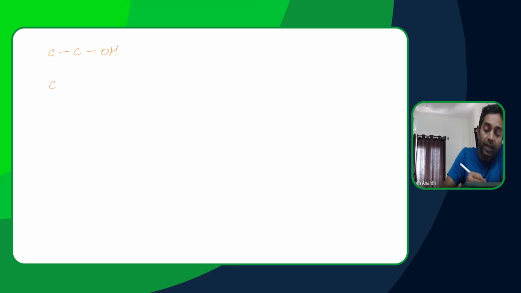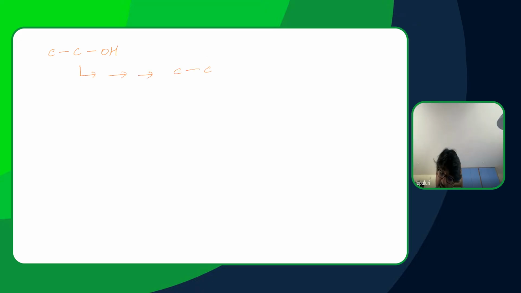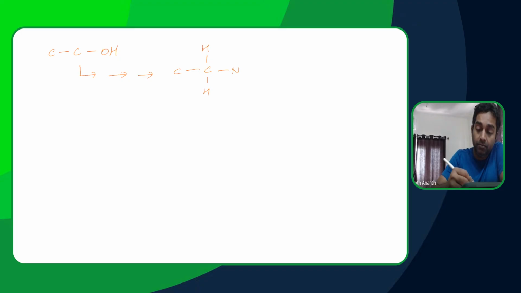If I do the Victor Meyer's sequence of reactions, I will finally be at this stage: CH3CH2NO2. So this is my species right now, correct?